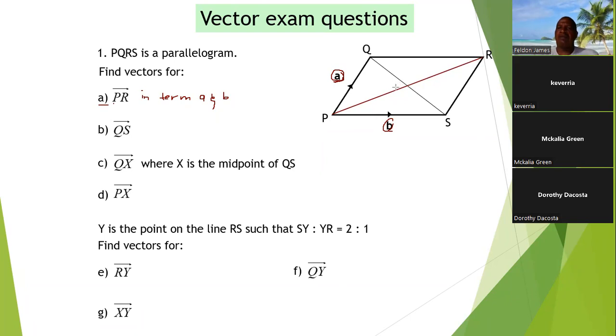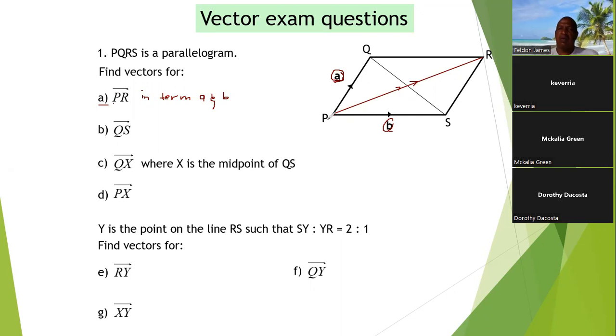Now, in terms of the letters A and B, we have to treat PR as a resultant vector. All right, then how do we calculate it in terms of A and B?